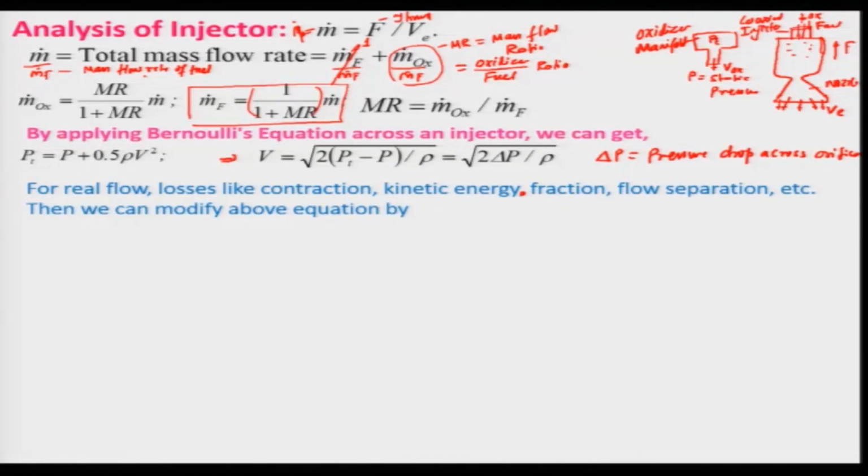But in an actual situation there might be separation and certain losses due to friction, and then we can modify our equation, let us say this is equation 1, by using a factor that we call the discharge coefficient.